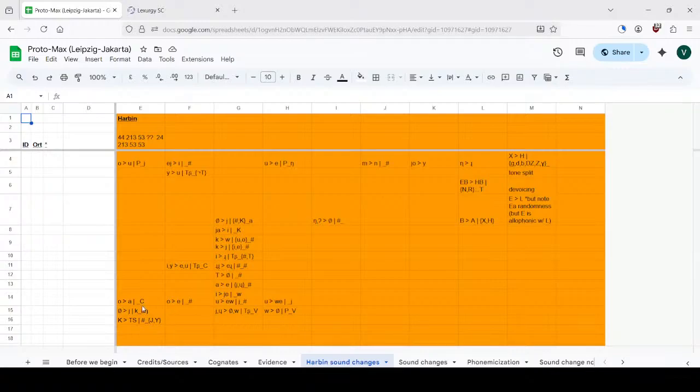For example, previously we had a whole mess here, but I think the simplest explanation right now is that there was a yod insertion before a velar, which caused this raising.